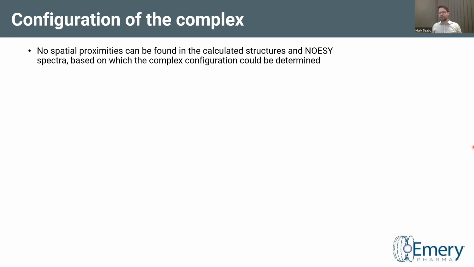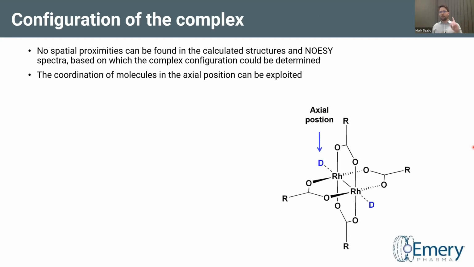But there was no spatial proximity like that. But at this point, I would like to remind you that there is an axial position in these compounds. So certain molecules can coordinate to the rhodium core. And that's what I wanted to exploit. And this is what can help me to figure out the configuration.